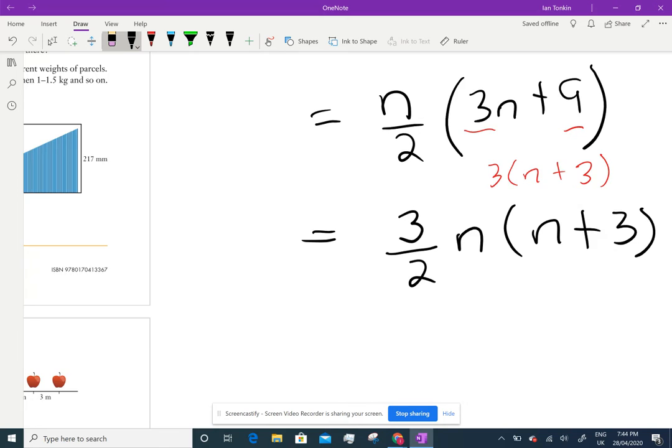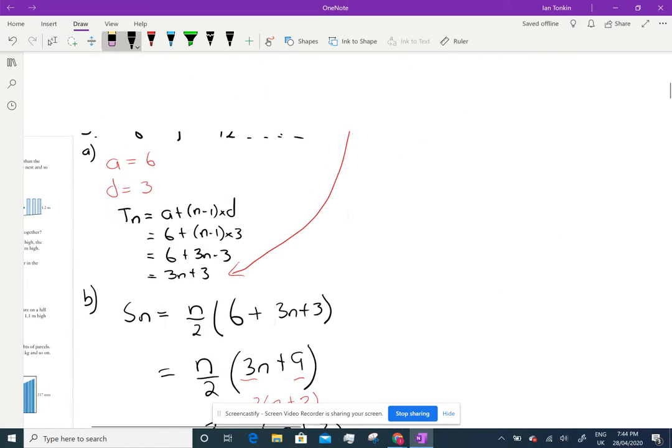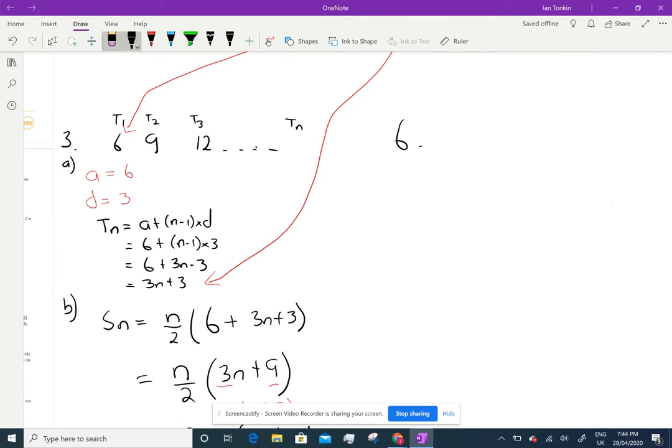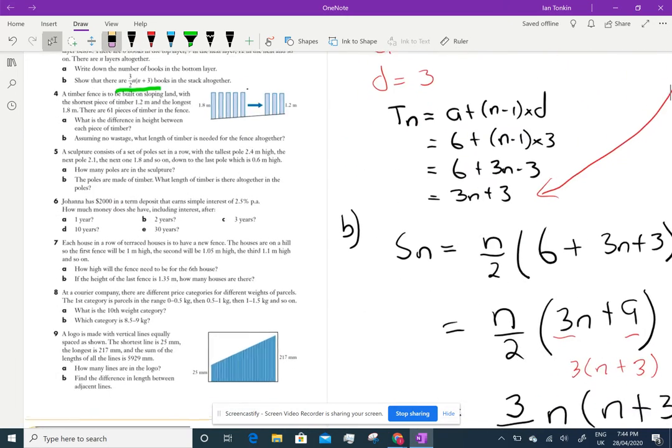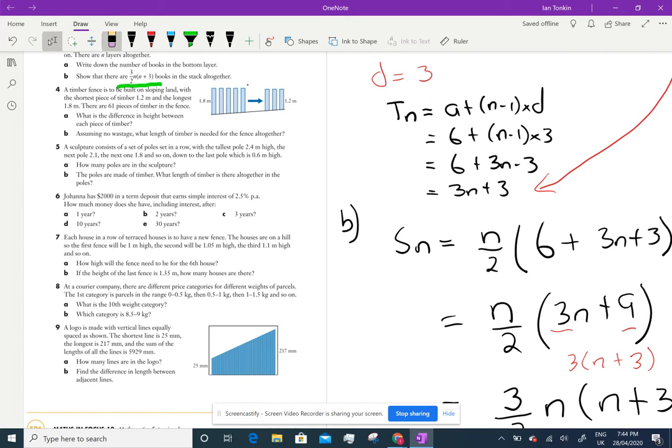Now in question 6, the whole point of this is that we're applying this to financial situations. It's where we're going to head. And in question 6, they ask about simple interest. With simple interest, you're just increasing the principal by a set percentage every year. And it's the same amount. There's no compounding, that comes with geometric series.